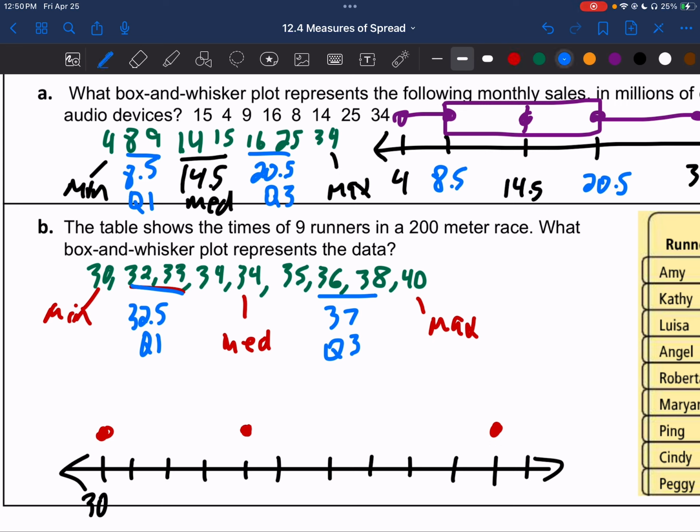We have our whiskers, 32.5, which is going to be right about there. We have 37, which is right there. Sorry, we have a median. Quartile 3 is right there. So now we draw in our box and whiskers. The whiskers are on the outside. The box is the middle portion. And there we go. We have our box and whisker plot.